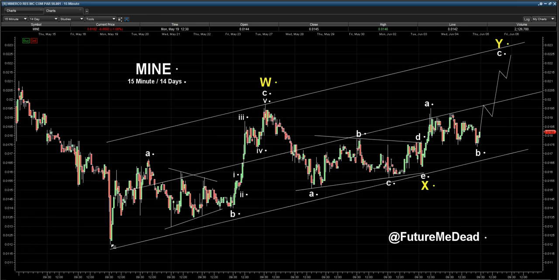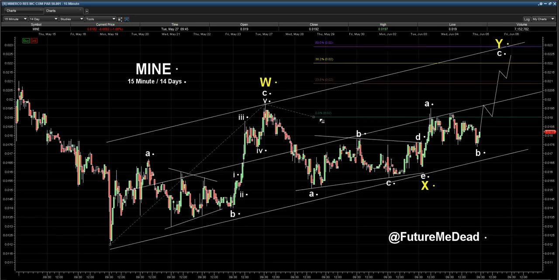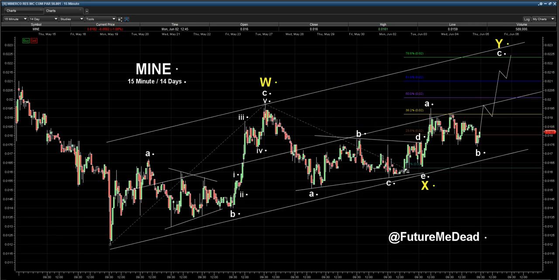Okay, so what I want to do is project the distance of this 3-wave move up and project it from the termination point of wave X. And so what I'm trying to do is look for a Fibonacci relationship between waves Y and W. Okay, and you can see here, if wave Y is going to equal 61.8% the length of wave W, well, that gives us a target just above 2 cents at 0.021.